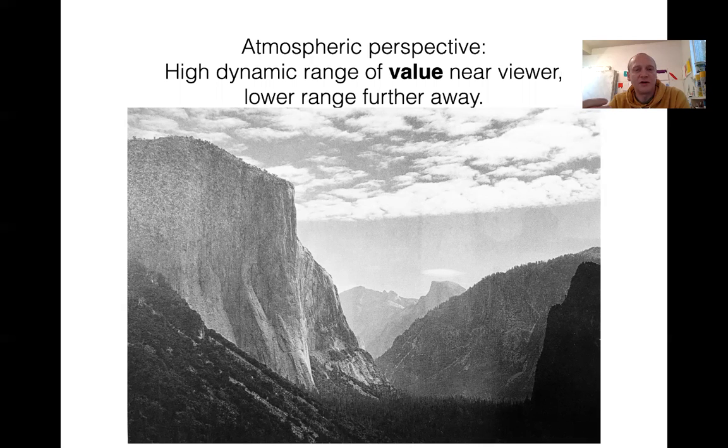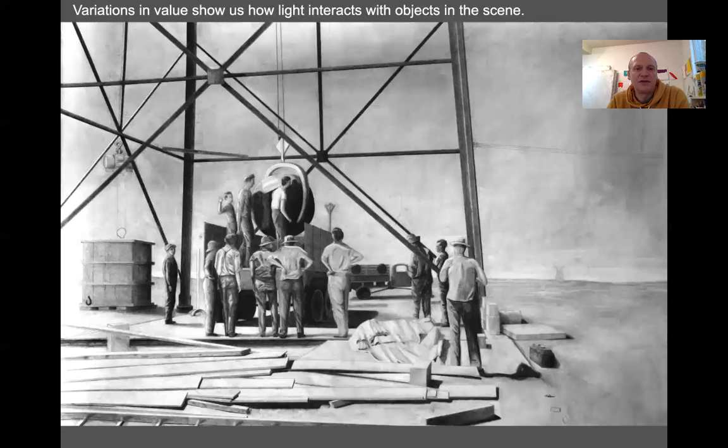That's just because of the way our eyes work. We can focus in and see objects very clearly close to us, but further away objects are not as clear. Same happens with color and atmospheric perspective. And we'll look at a few watercolor paintings.